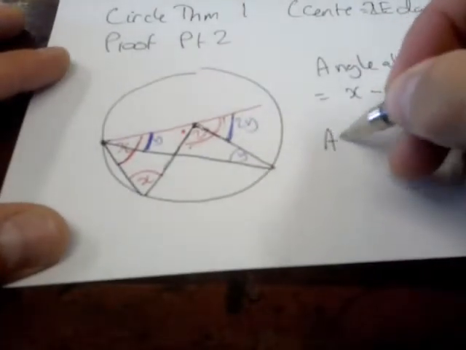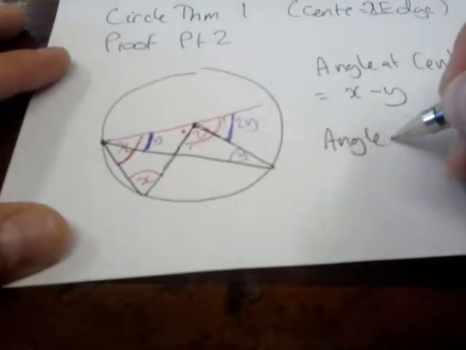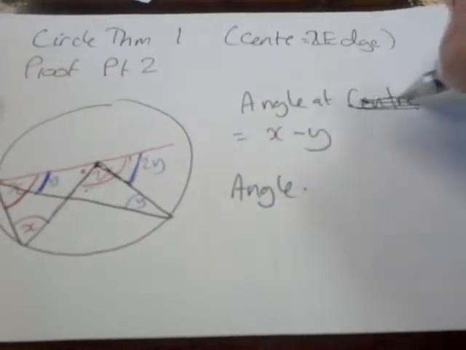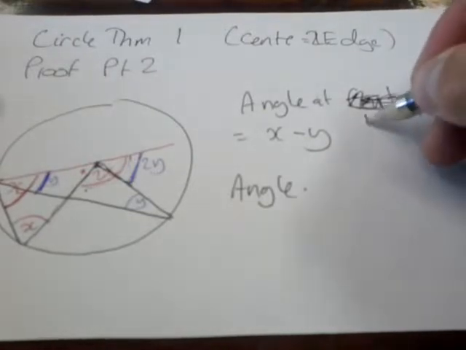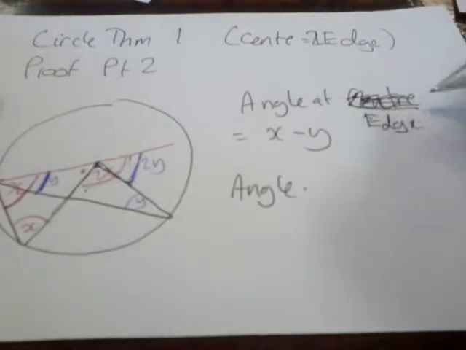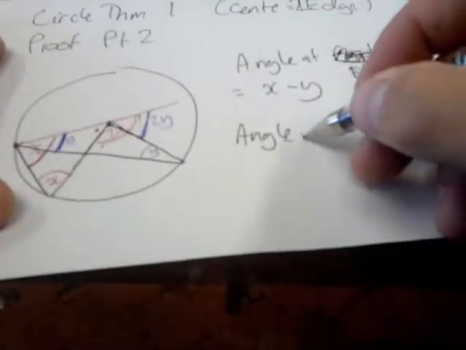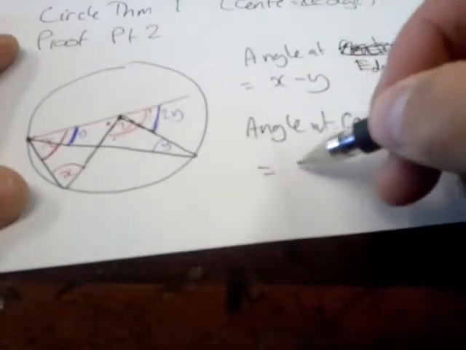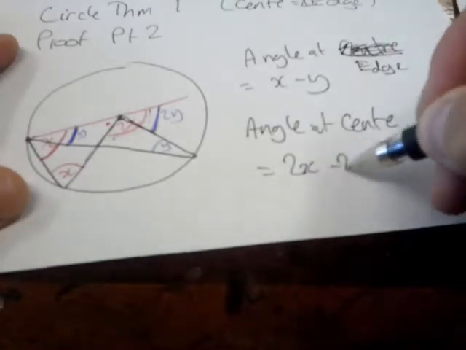So we get angle... I'm so sorry, I've made a terrible mistake. That's the angle at the edge. Don't listen to me. The angle at the centre is 2x, take away 2y.